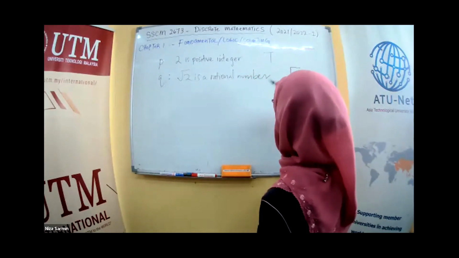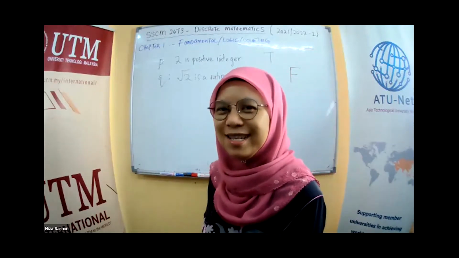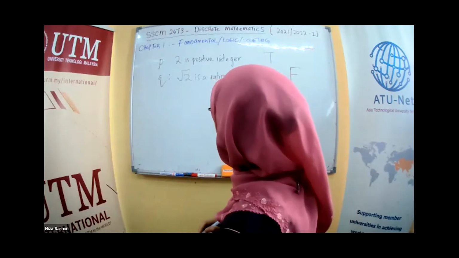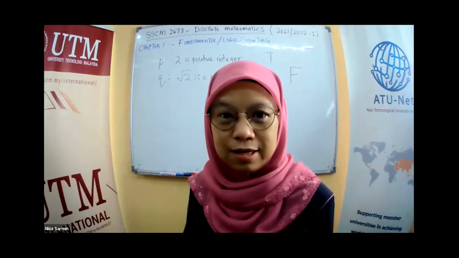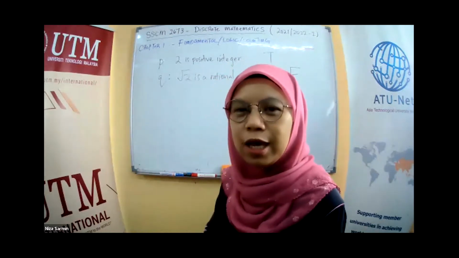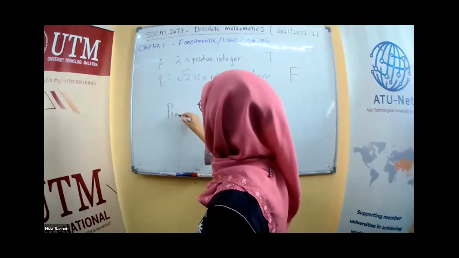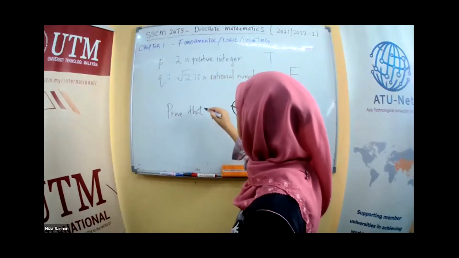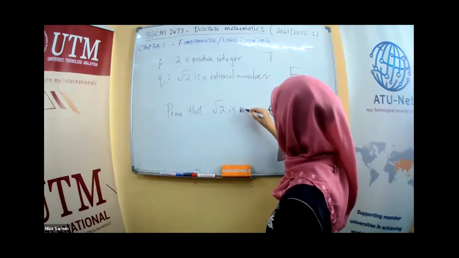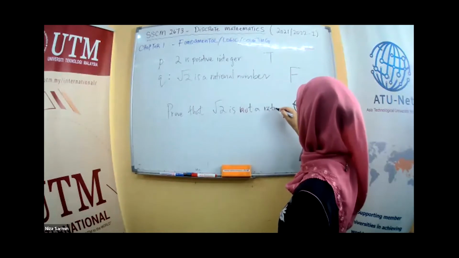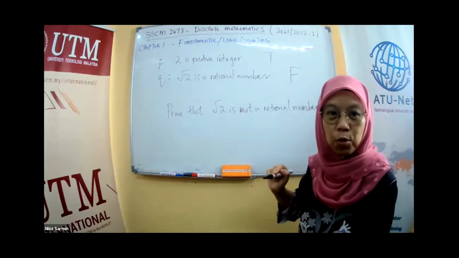Why? Because square root 2 is irrational. Why is it irrational? Because it has a non-terminating decimal, and because it cannot be written as a fraction. You have to know how to prove that. I won't do it now.